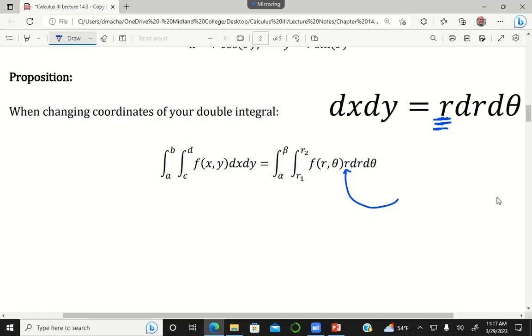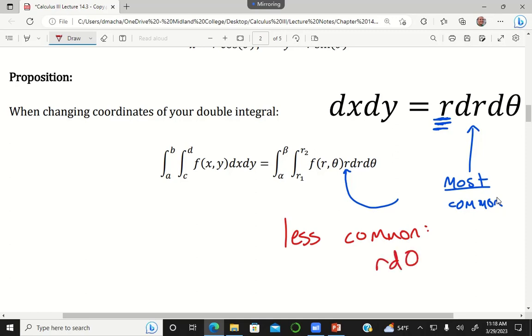I think for most problems, maybe if not all problems, it's going to make the most sense to have the order of integration be r dr d theta. You could probably try to find some problems, there might even be one in the book, where it would be better to do r d theta dr, but that's a much less common case. I'll just say that this is the most common, and maybe the only kind of problem that we're going to work in this class.